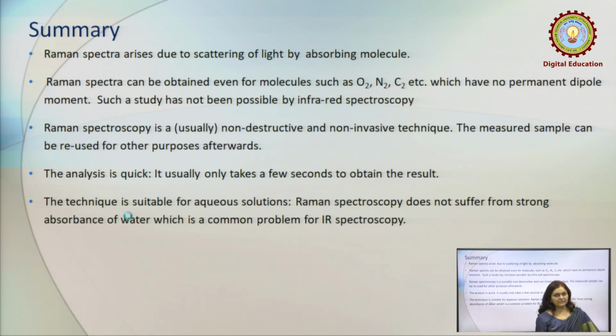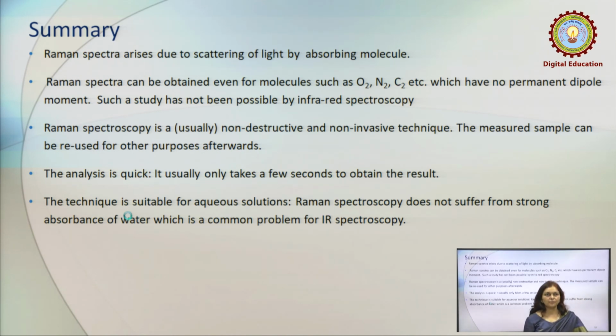Now, we summarize the lecture we studied so far. The main point is that Raman spectra arise due to the scattering of light by molecules. Raman spectra can be obtained for molecules such as O2, N2 and C2 which have no permanent dipole moment, and such studies are not possible with the help of IR spectroscopy.